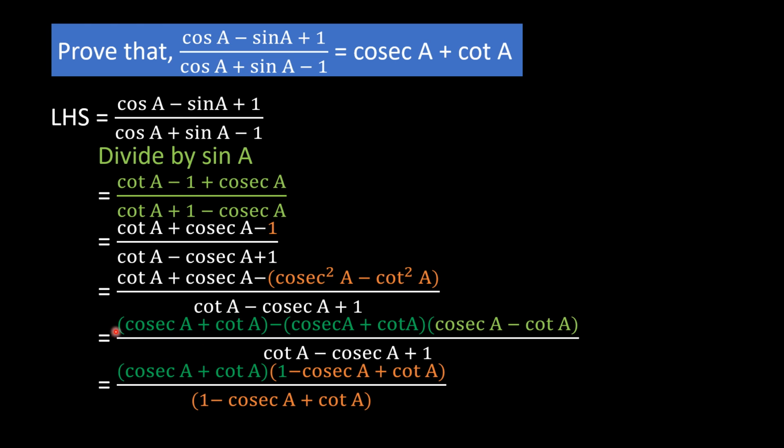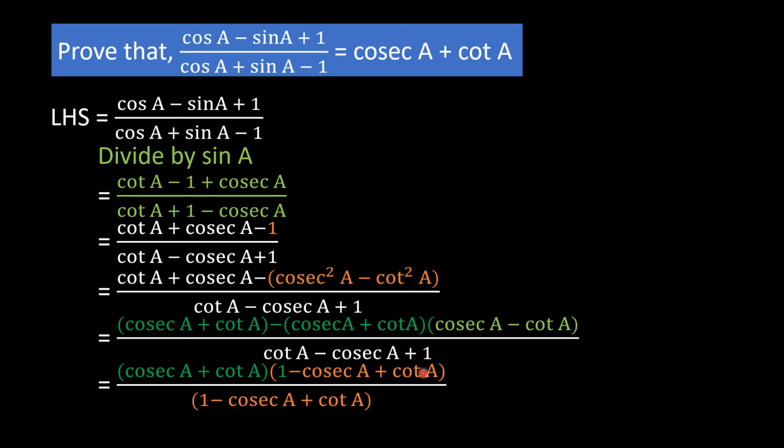Now we will divide cosec A plus cot A by cosec A plus cot A. That gives us 1. Now we will divide this whole term by cosec A plus cot A. So this cosec A plus cot A cancels with cosec A plus cot A, and we are left with cosec A minus cot A, which we write over here.